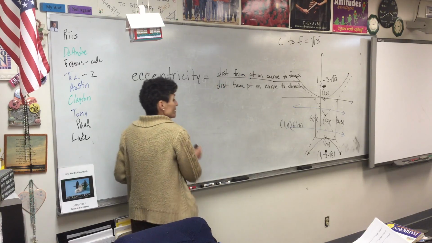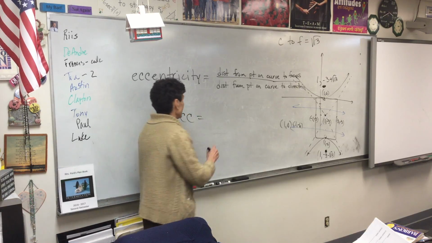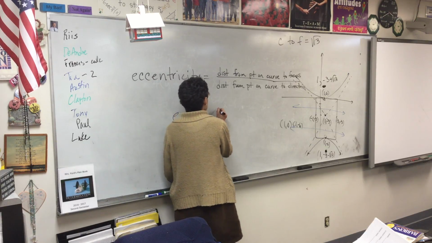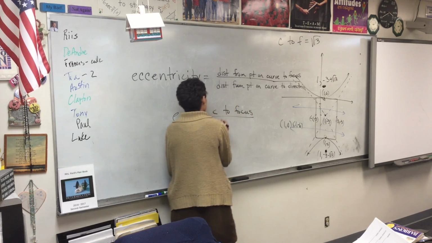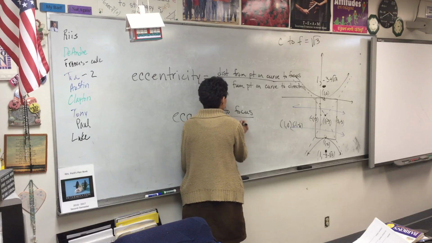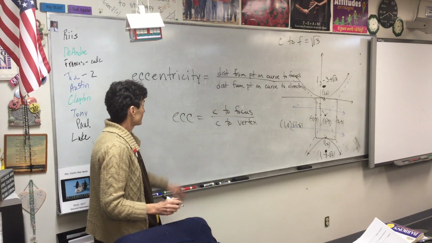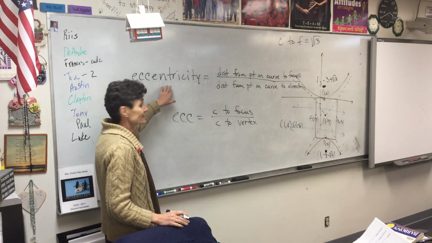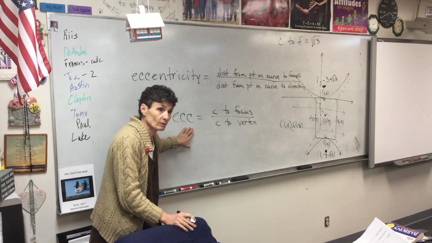Now, how are we going to find it? We're going to find it by taking the distance from the center to the focus and dividing it by the distance from the center to the vertex. Which one do we know? You know both. The first is the actual definition; this is how we are going to calculate it.